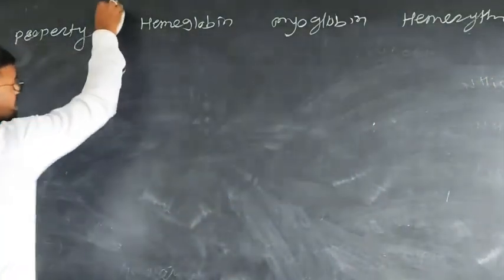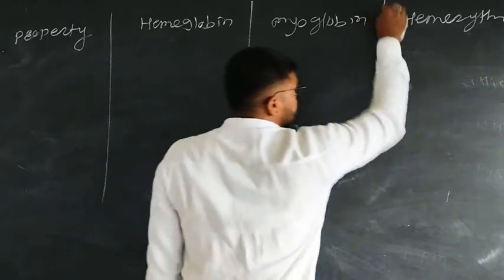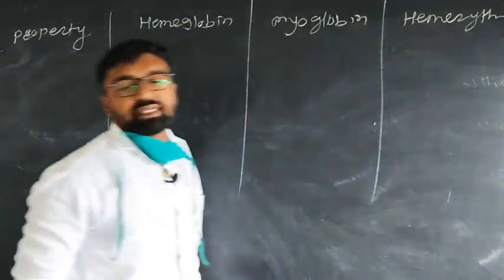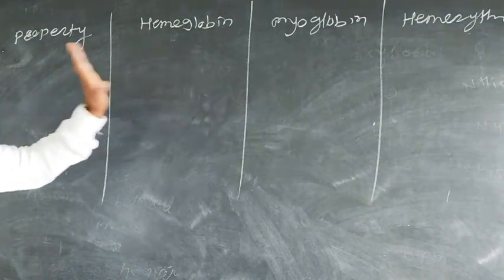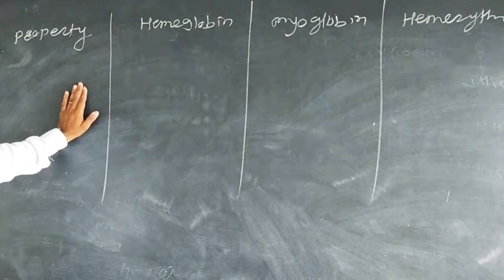It is a comparison study. You have to study these 4 metallobiomolecules at the same time. I will not draw the whole chart. I will just give an idea regarding that, right.